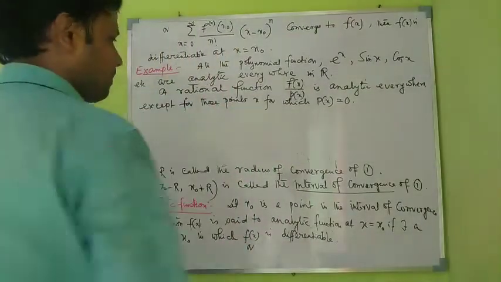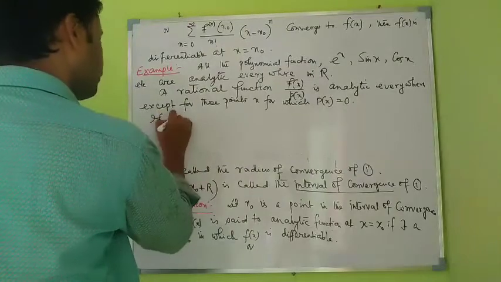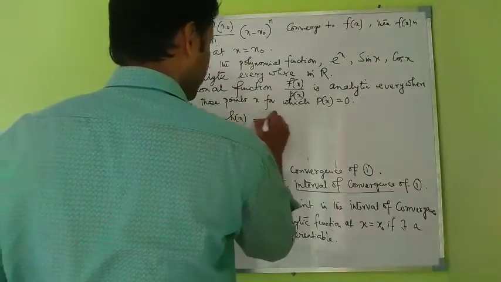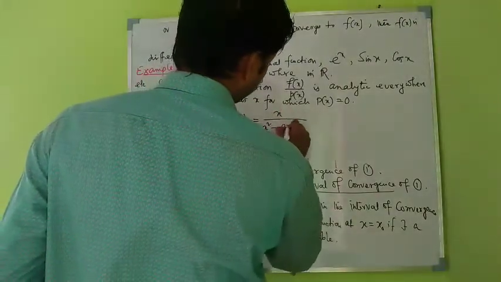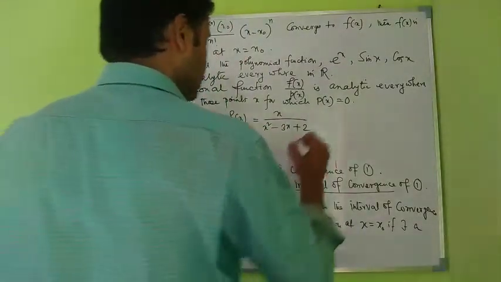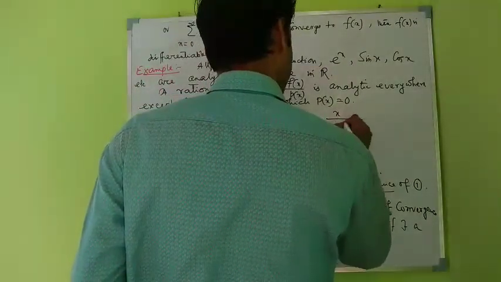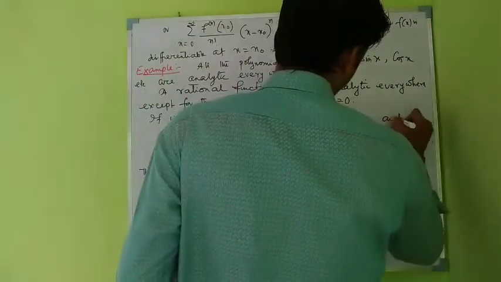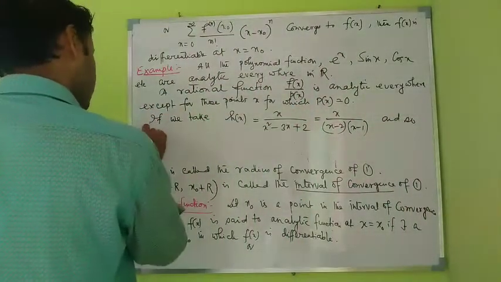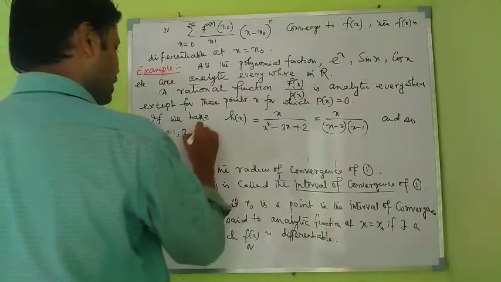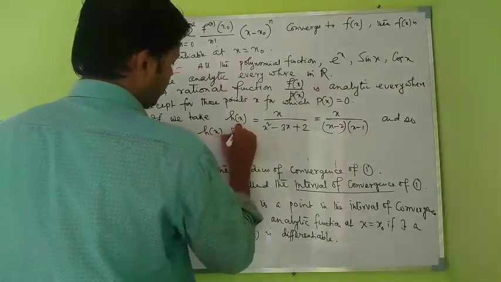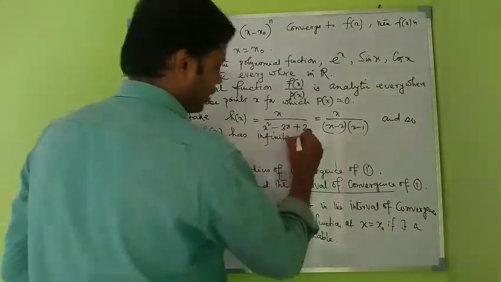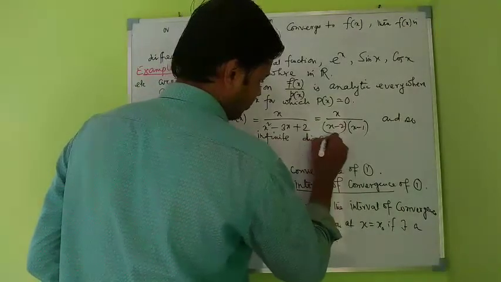So if we take h(x) equals x by x square minus 3x plus 2, this equals x by (x minus 2) into (x minus 1). So for x equals 1, 2, h(x) has an infinite discontinuity.